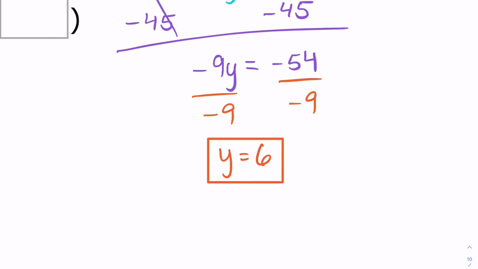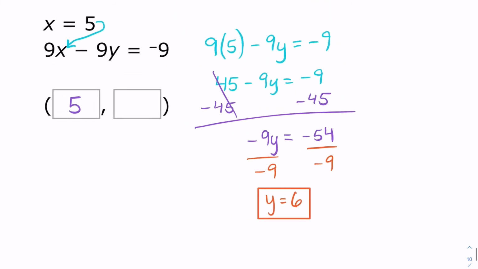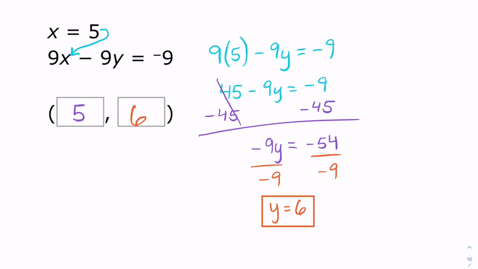And I know I went fast, so I'm going to explain what I did. I was looking for what x and y have to be for it to work out. They already gave me my x, so I immediately put it in because I know that x has to be 5. And then I used 5 and I evaluated it and I solved for the y variable, and the y variable is 6.